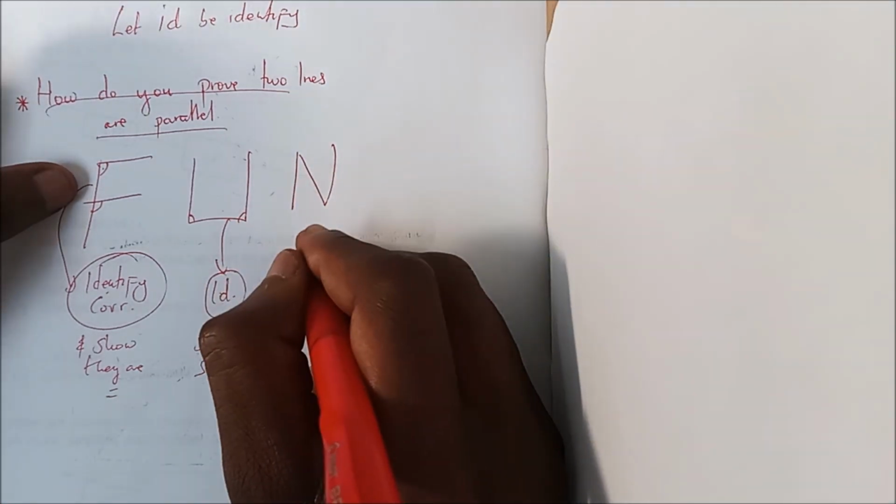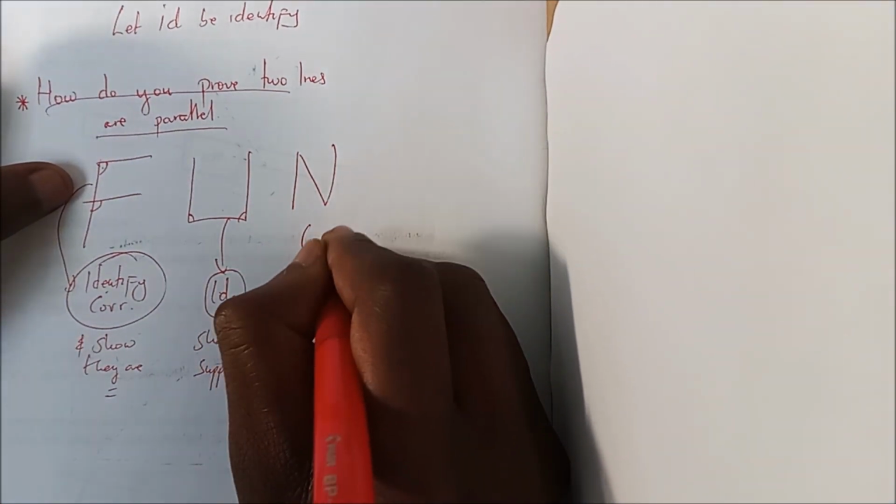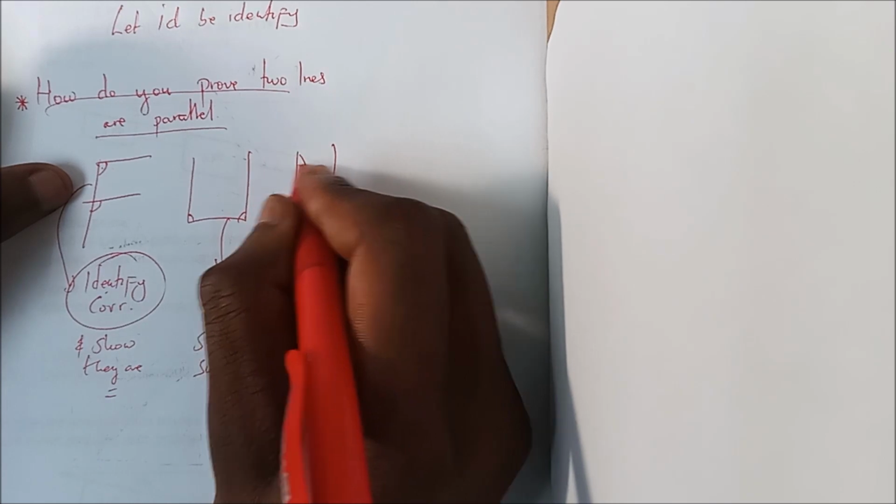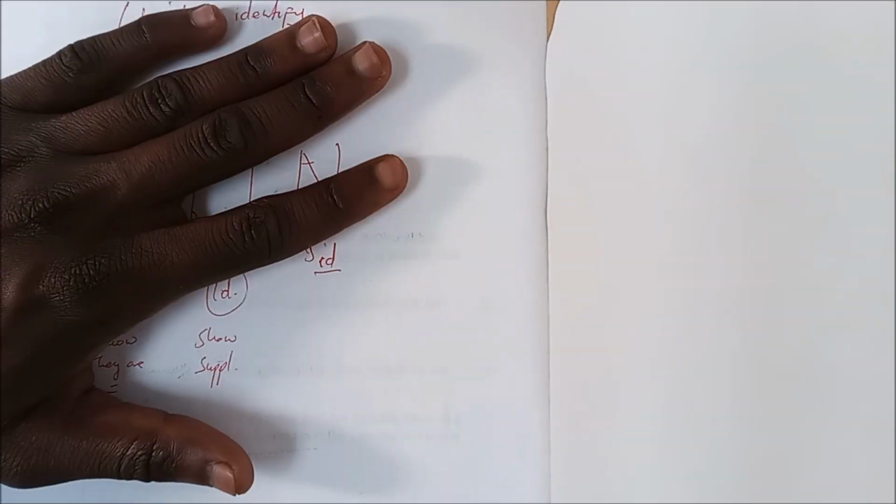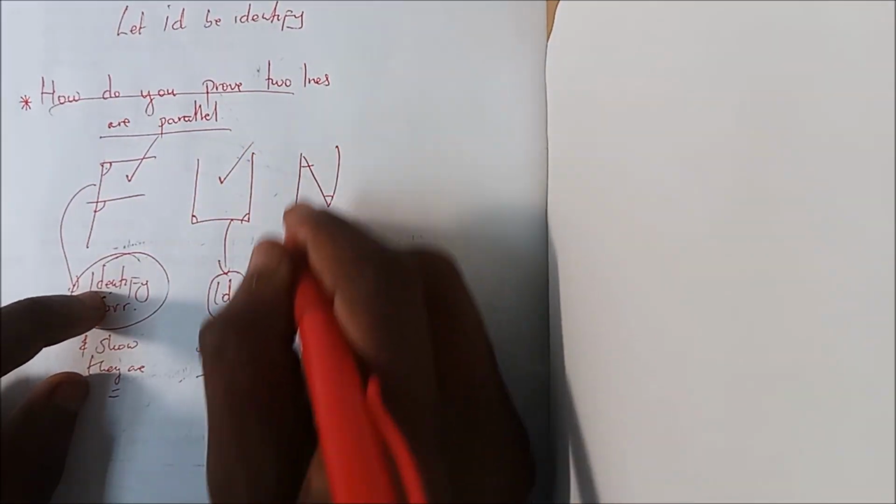And here, you identify the alternate angles and show that they are equal. That's how you prove parallel lines. I'm going to show you how to do that. Identifying is important. You either go with corresponding, co-interior, or alternate. It's up to you.